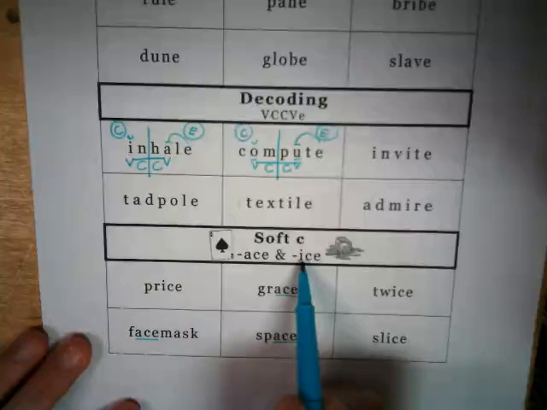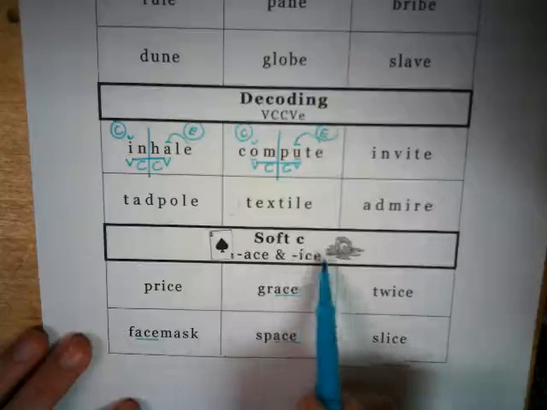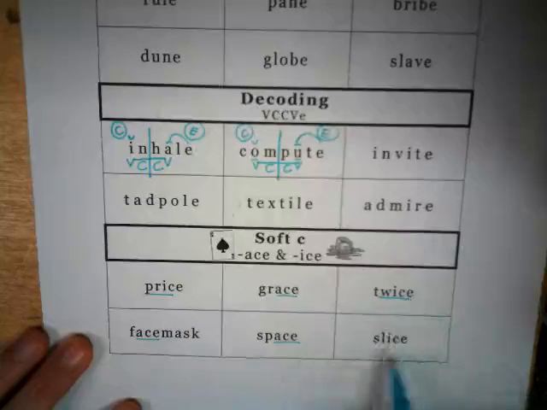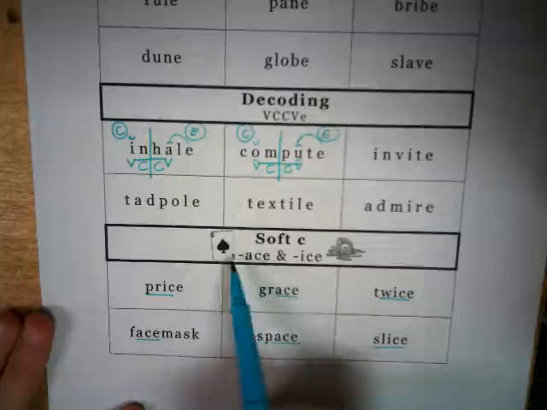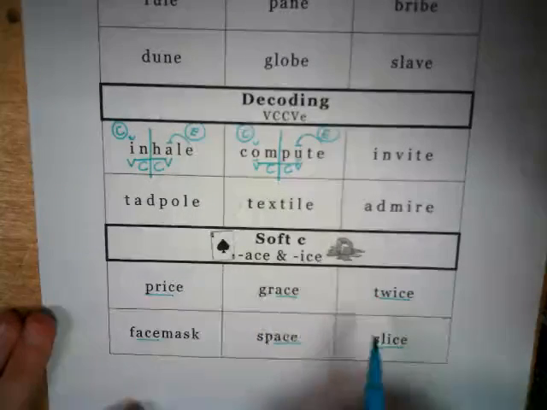And then in the ICE, we have ice. The I and the E on the sides of C make C go soft, so price, twice, slice. So if we see ACE, we're going to know it says ace. And if we see ICE, it's going to say ice.